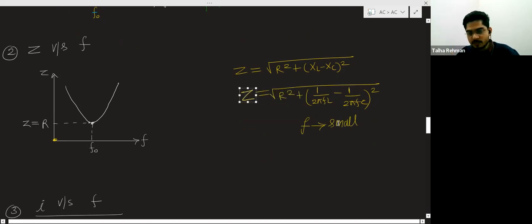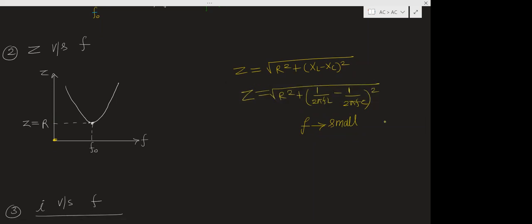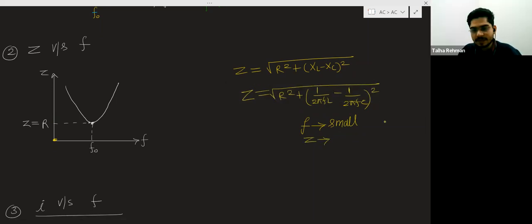If you are taking this small, this whole value will be small and this whole value will be small. So basically z will become large. Why will z become large? Because this whole value will somewhat increase. So this z will become large.